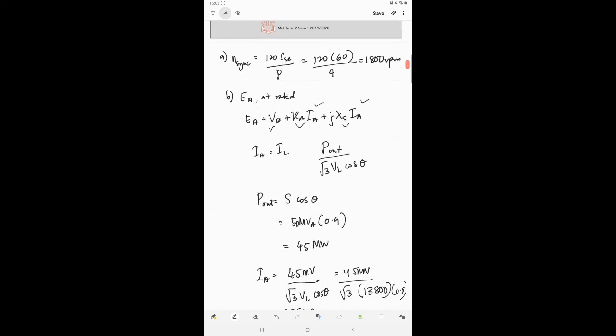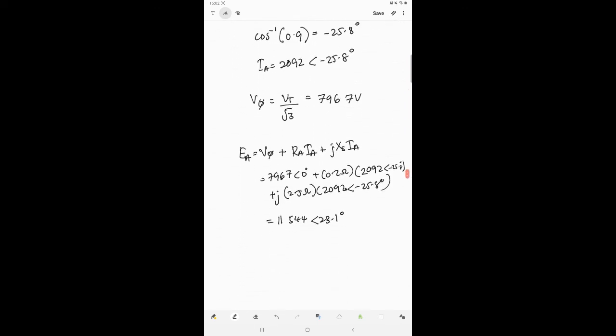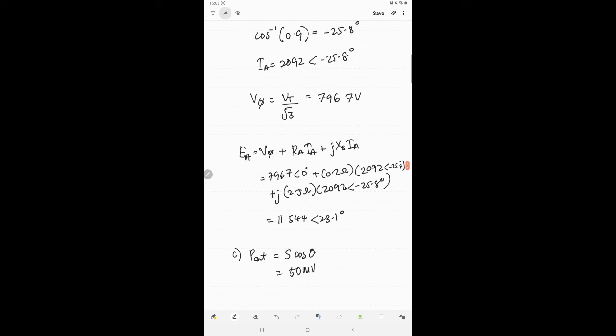First, the output power is S cosine theta. S is 50 MVA times the power factor of 0.9, which will give you 45 megawatt.